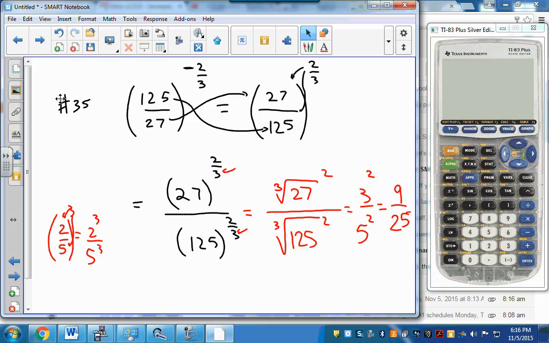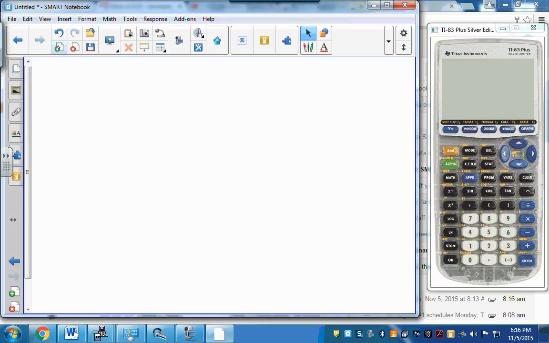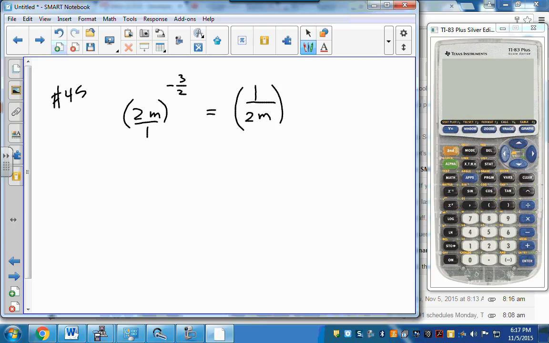Number 45, we've got 2m in parentheses now to the minus 3 halves. So what I'm going to do here, I don't have a fraction. I suppose I do if I consider this 2m over 1. I'm going to write this as 1 over 2m raised to the positive 3 halves.